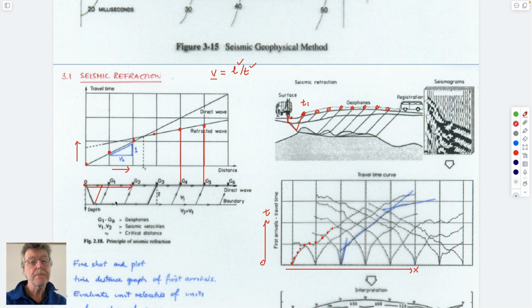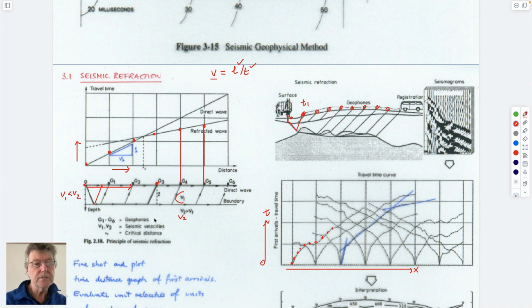That's what it's measuring. But once you get further away, the first arrival at this point, instead of going in the slow layer, so V1 is less than V2.